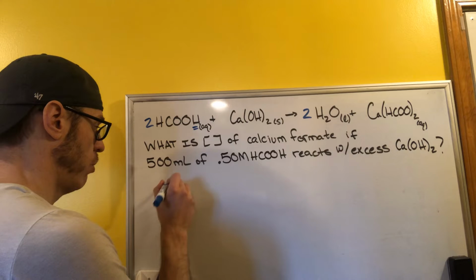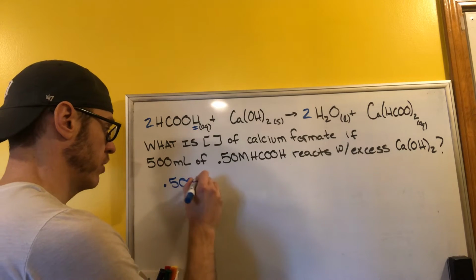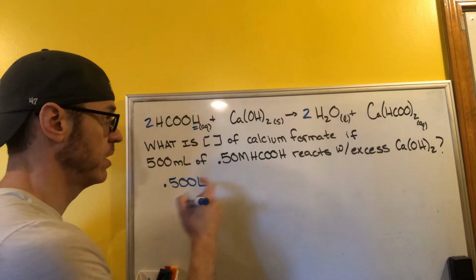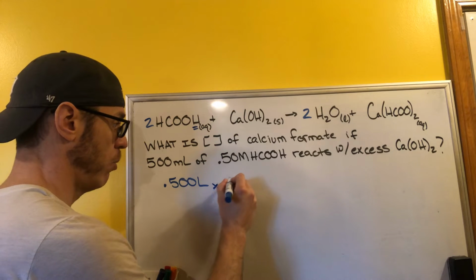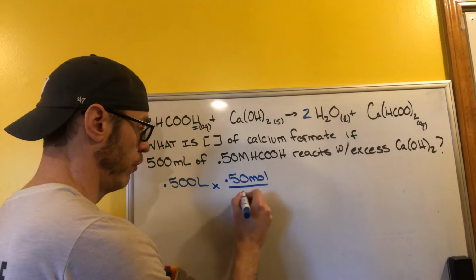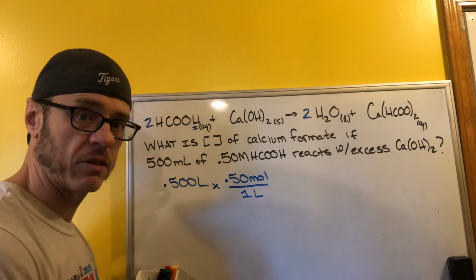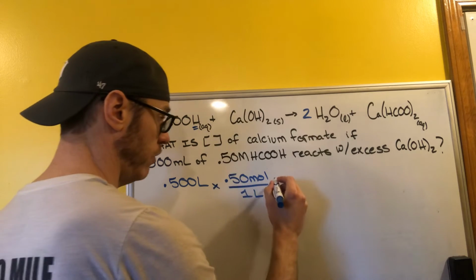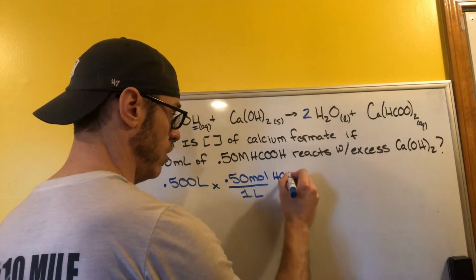Well, we have 0.500 liters, and you know that because 500 milliliters converted to liters is this, times we get 0.50 moles over 1 liter. So something looks like that, because that's our concentration, right? Boom, right there. As we do this, this is HCOOH.